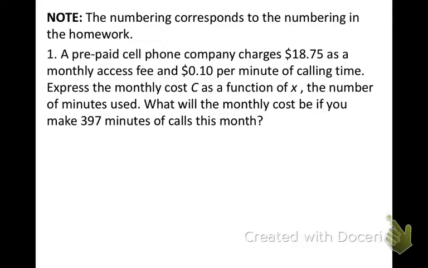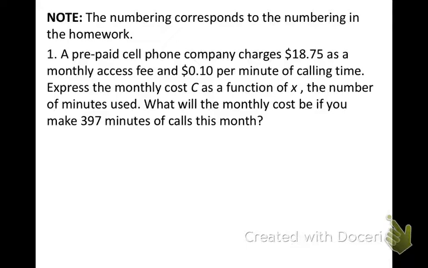So in number 1, we have a prepaid cell phone company that charges $18.75 as a monthly access fee and 10 cents per minute of calling time. We want to express the monthly cost C as a function of X, the number of minutes used. And then the second part asks us, what will the monthly cost be if we make 397 minutes of calls this month?